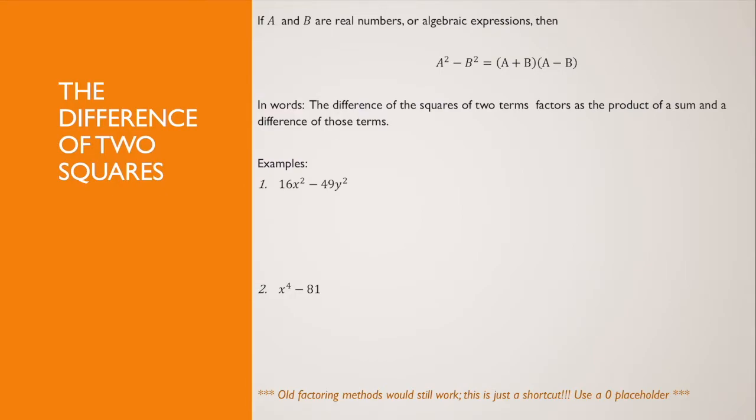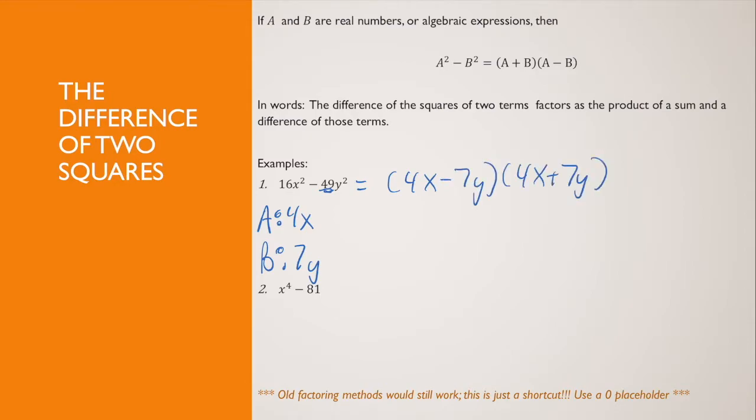So I'm going to take the square root of 16, which is 4, and x squared, which is x, and then for B, I've got 49, and the square root of that is 7, and y squared, which is y. So this is going to factor to 4x minus 7y times 4x plus 7y using this form.